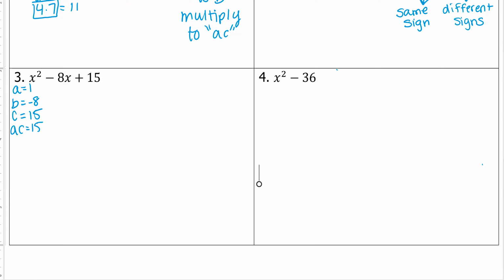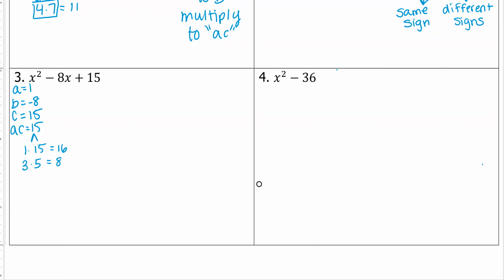So if I'm using the traditional method, I'm just going to take a times c and see what multiplies to give me that. There's 1 and 15. There's 3 and 5. I need this to add up to -8, but right now these two numbers both add up to be a positive number.